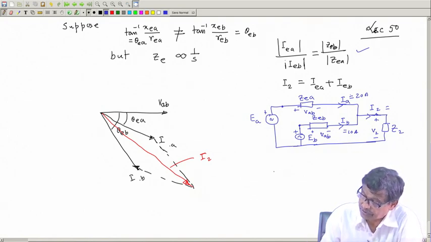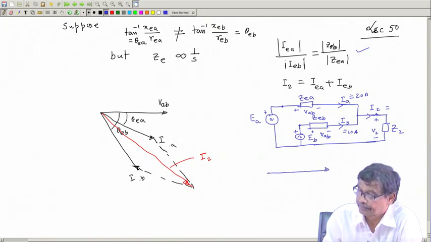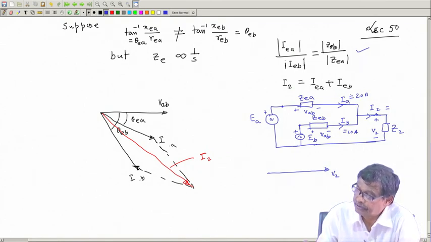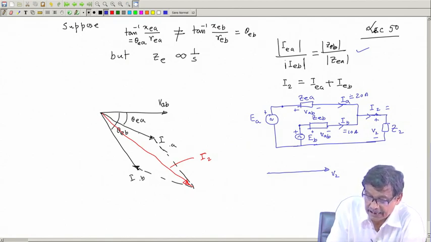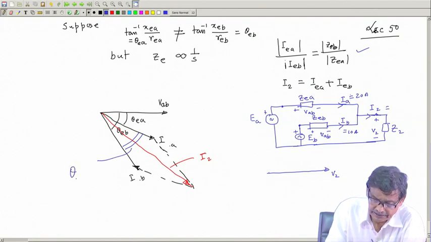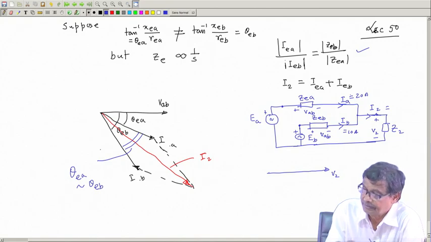So, I will start from V2; I will draw V2 first. But if you start drawing from V2, the angle between these two transformers is theta E_A minus theta E_B, is it? That will be the angle, the I_A and I_B angle will be that one.